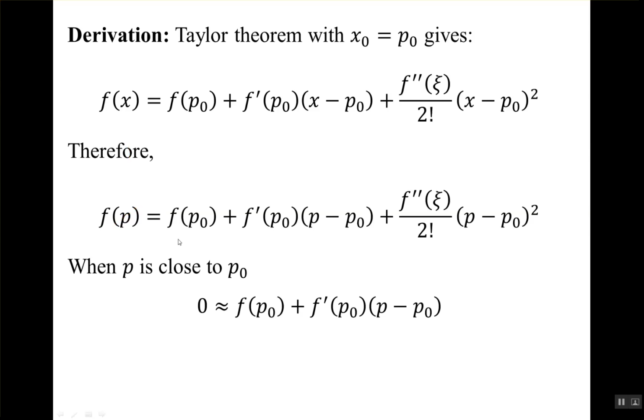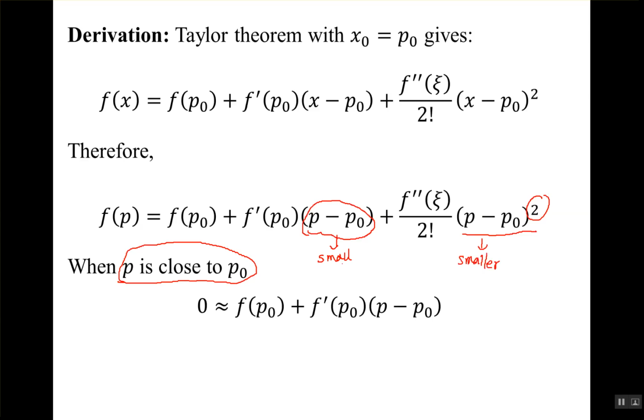Now, again, p0, the initial value that we choose, is close to p. So when p is close to p0, this will be small because they're close, and with the square, this will be even smaller.